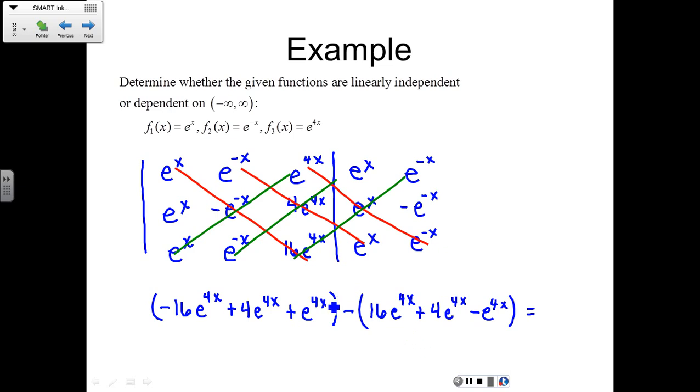Let's count this up. This would be negative 16 plus 4 is negative 12, negative 11, minus 27, minus 31, plus 1. Negative 30 e to the 4x. So it's not equal to 0. What's our conclusion there? Linearly independent.